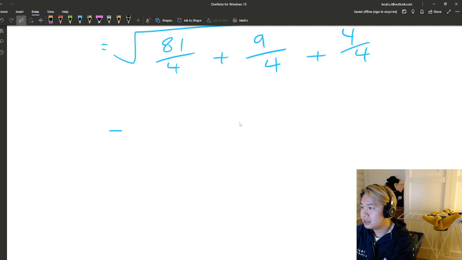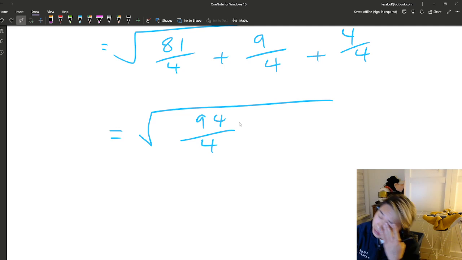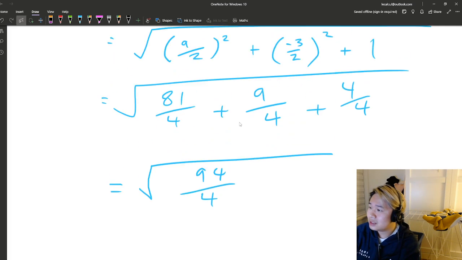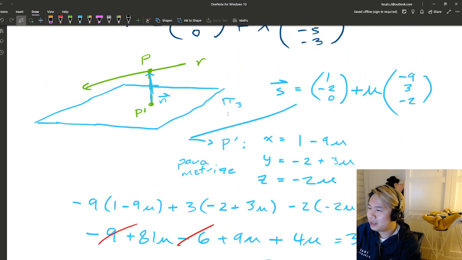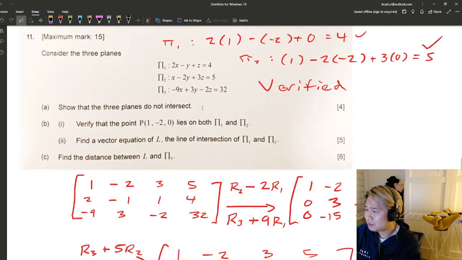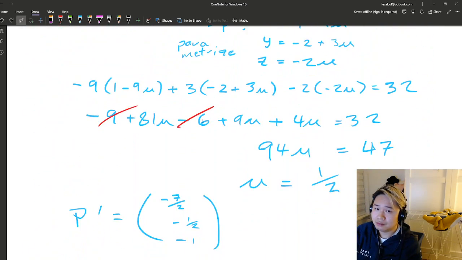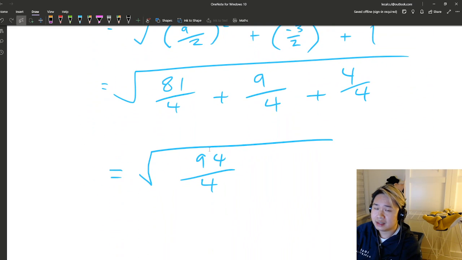Man, this sucks. And then what is this? 94/4? I don't want to reduce or simplify this anymore. I'm going to just say that that's the distance. And maybe the numbers are wrong because I did some small math error somewhere, but that's the process that I would do to get that distance.